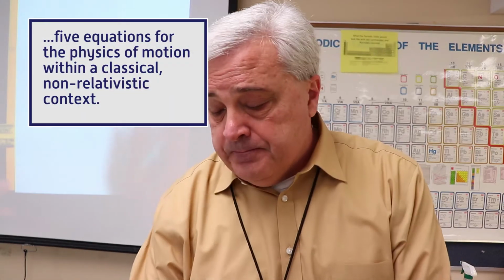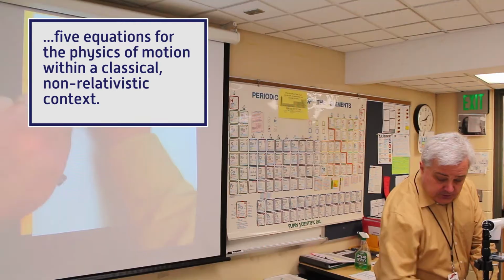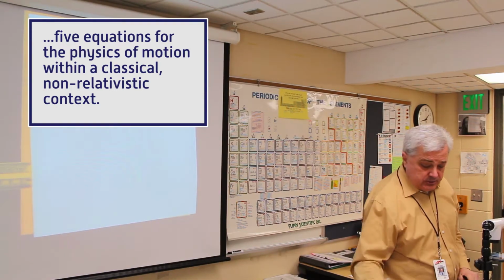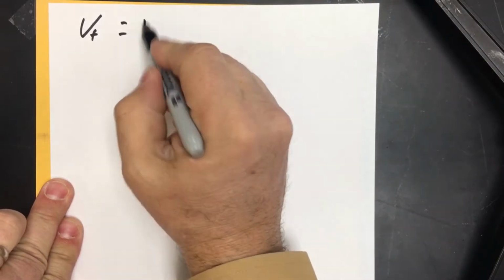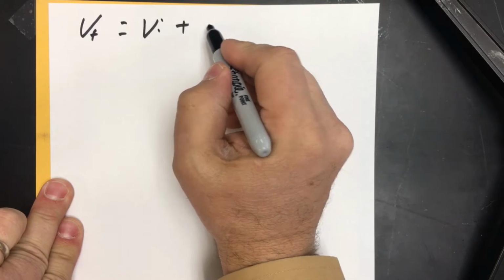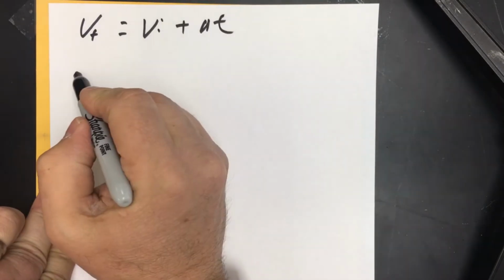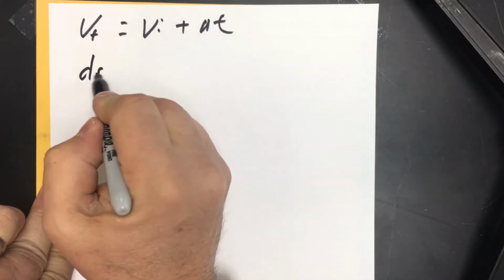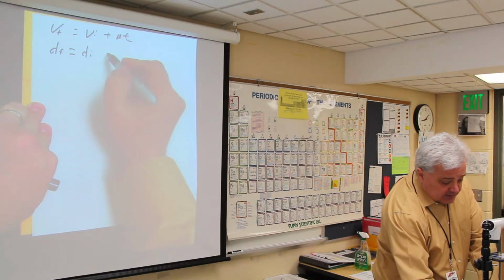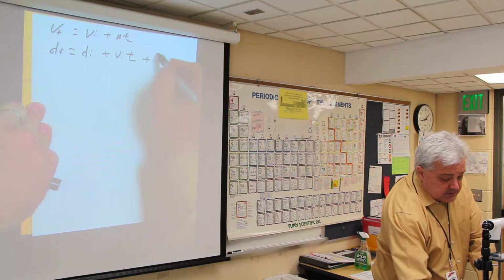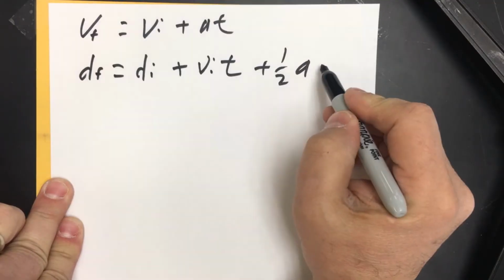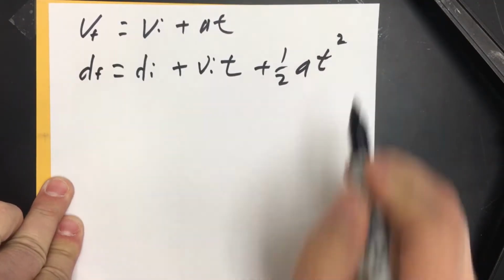So that equation we came up with, we really only need 5 equations for all of physics. The 2 equations we're going to use most often are: final velocity equals initial velocity plus AT, and final distance is initial distance plus initial velocity times time plus 1/2 the rate of acceleration times t squared.